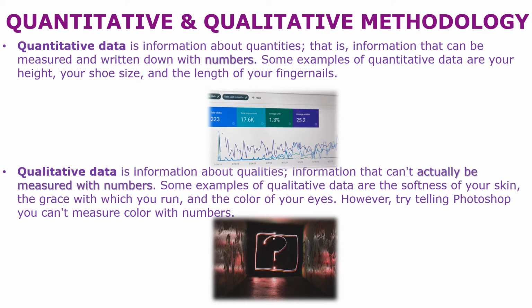So if you look at that, what are we actually trying to say? Let's start with softness of your skin. It could be that you say, okay, I'm going to have different gradients of softness. So the softest is going to be 10, and the least soft, the hardest, is going to be 1. So then you can actually put numbers to it, right?